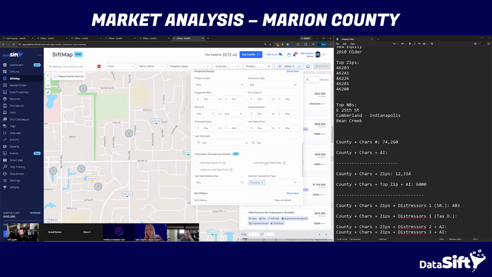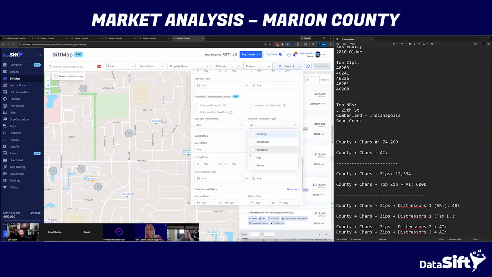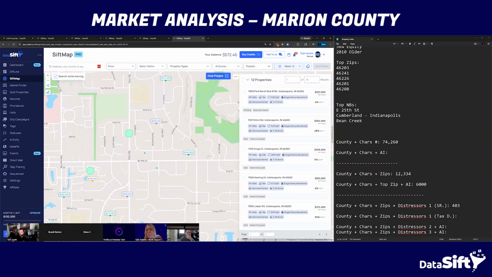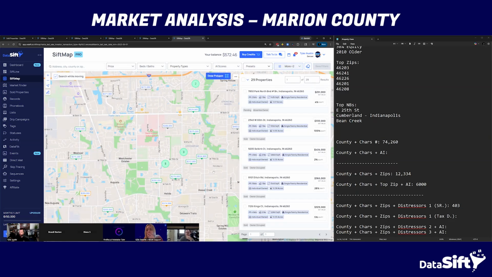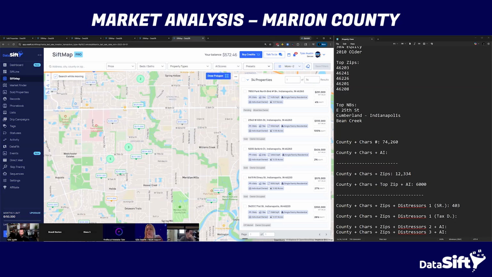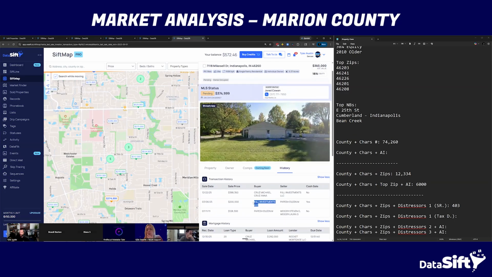You can also filter by what has been flipped or wholetailed recently, and say the last sale date had to have been, say, since September. Then click apply. This shows properties that have been bought and sold already by an investor in a period of time. If I open this one that's pending right now, we can see that R&J Investments bought it for 200,000 and then sold it for 388 within a few months.